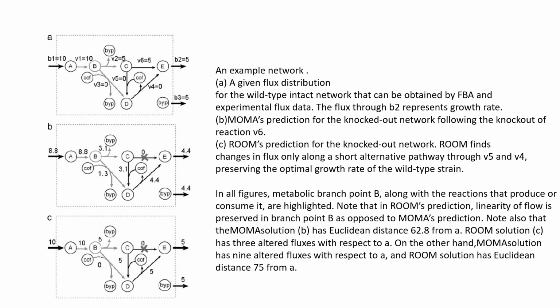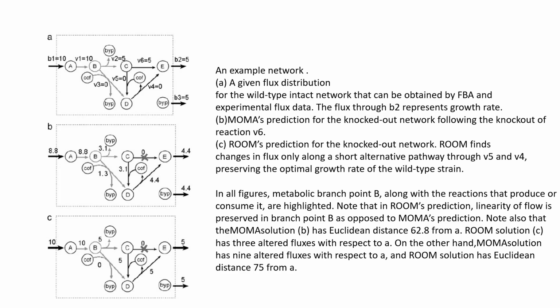For your specific model, you need to decide on what type of perturbation analysis you are trying to do. In this case, B2 is the growth rate. Are you trying to maximize the growth rate?